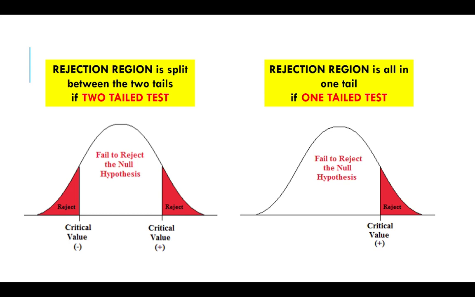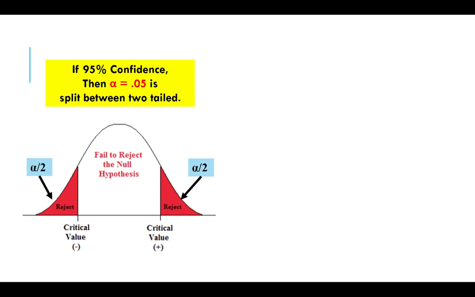Now, let's connect this to this idea of confidence. Remember, we said we need to be, whatever degree confident. We've talked about 95% confident, 99% confident. Well, that connects to this graph as well. So if I want to be, let's say, 95% confident, so if I'm looking at the 95% confidence level, then I have an alpha of 0.05, right?